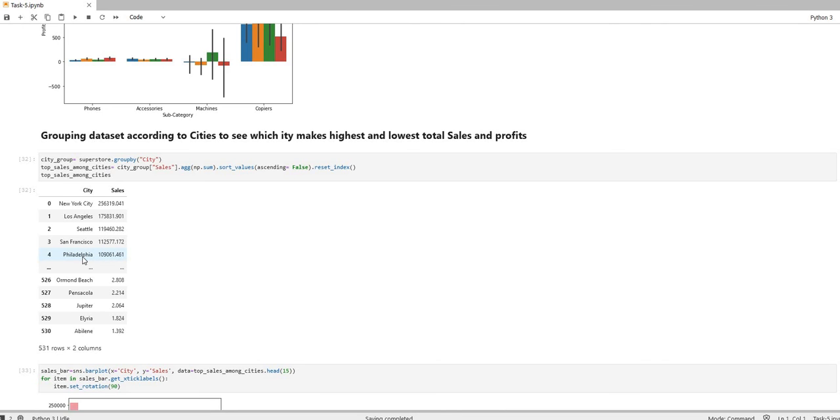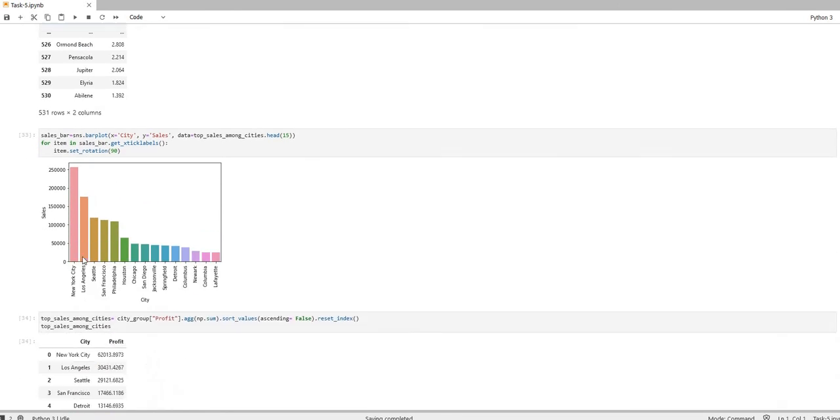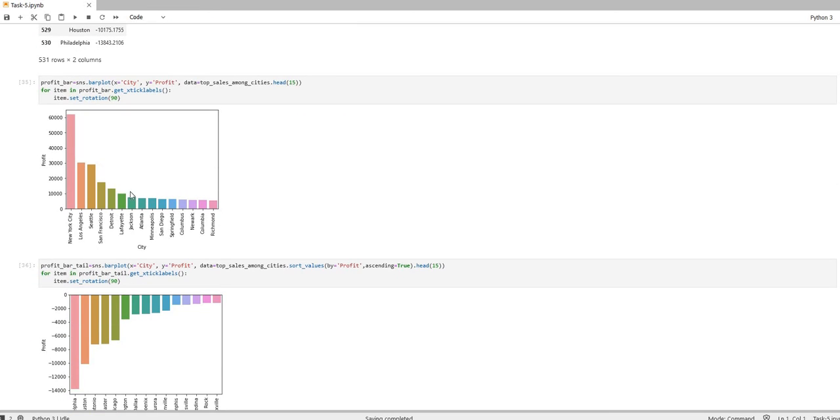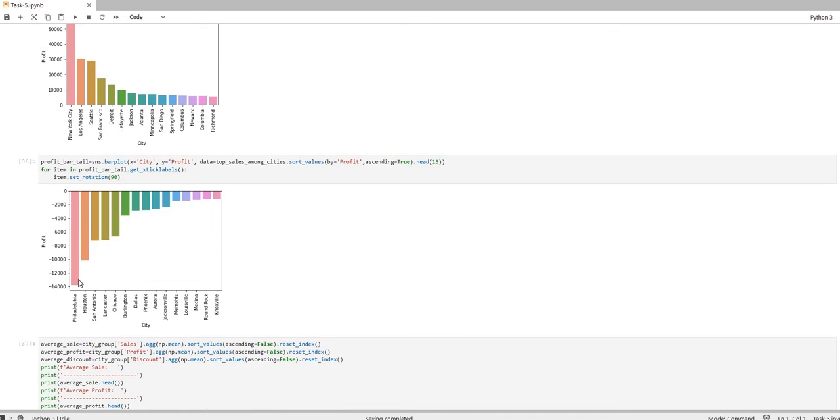We can see it was in fifth position. I also visualized it so it can be seen easily which cities have the highest and lowest profits, in those two graphs.